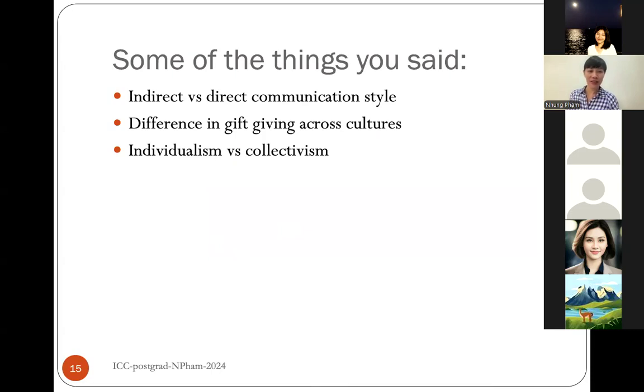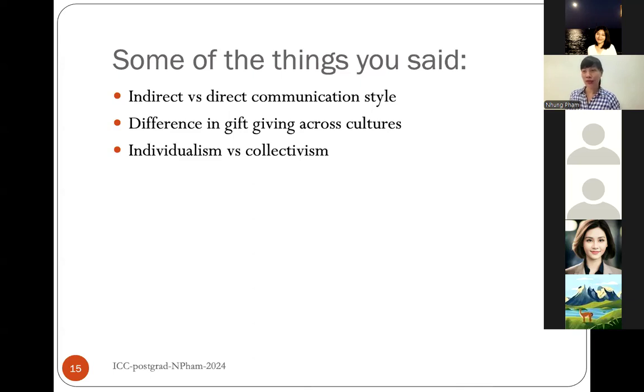I actually noted down three of the many things that you mentioned. One of you said probably in some cultures people tend to communicate indirectly, like Vietnamese culture, and in some other cultures, like English-speaking cultures, people tend to be more direct.